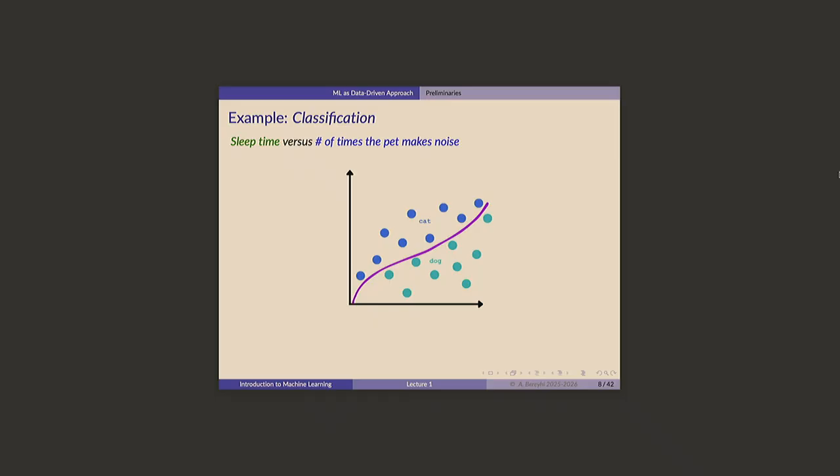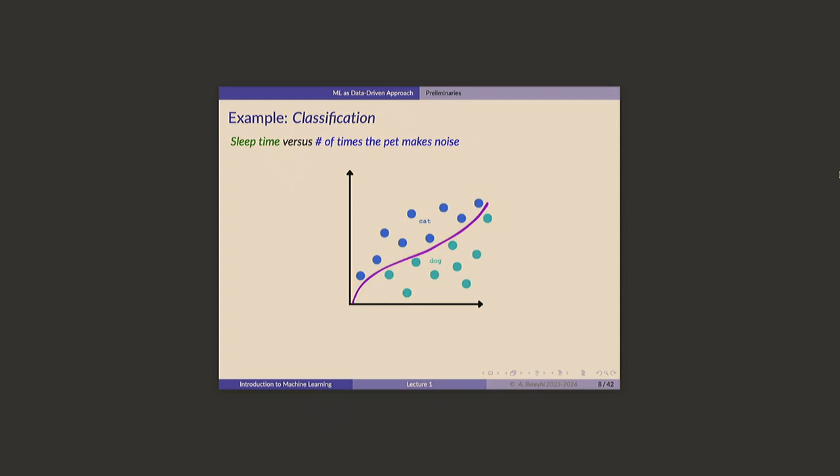Now the next cat is sleeping roughly the same amount, but it makes noise 6 times, so I again write down cat. And now I also look at some dogs. This dog is sleeping, I don't know, 5 hours, and it's making too much noise, like 20 times it's barking. I write on top of it that it's a dog. And some other points maybe, like this, and so on.